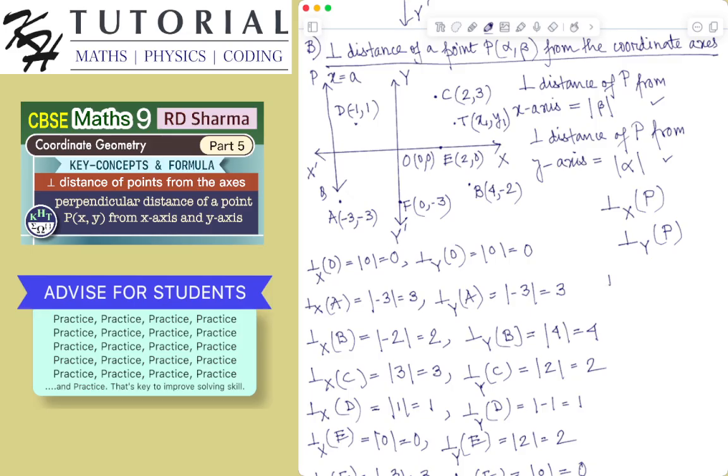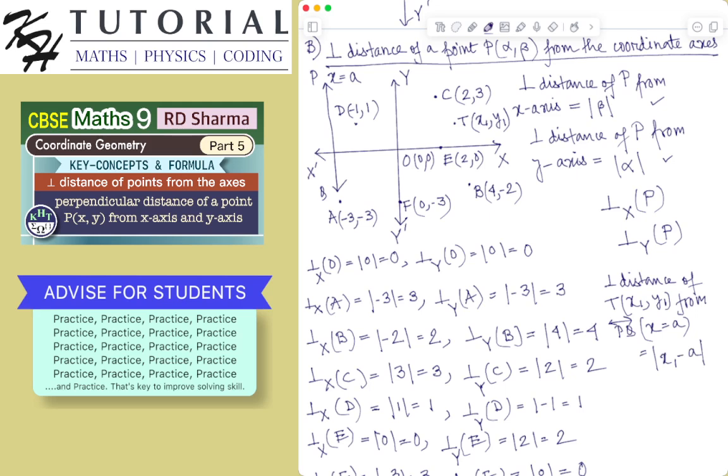So the perpendicular distance of T, whose coordinates are x1, y1, from the line PQ, whose equation is x is equal to a, will be the modulus of the difference of the abscissa of the point T, that is x1, minus a.